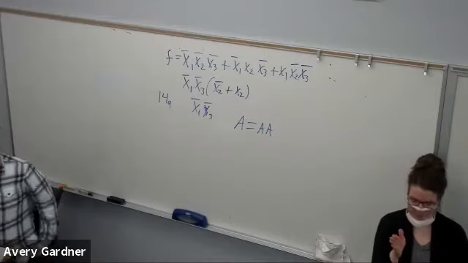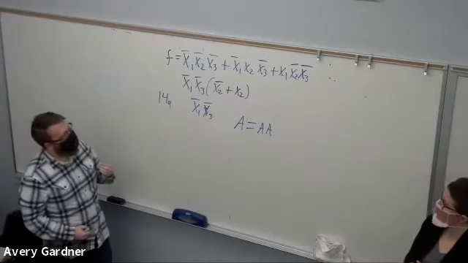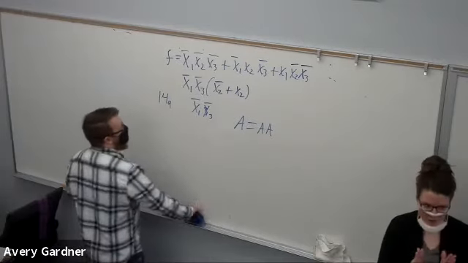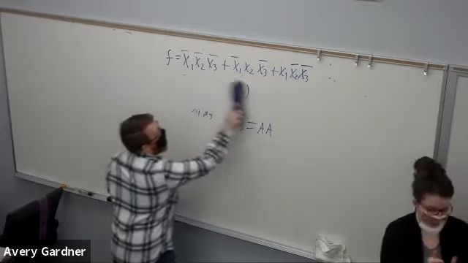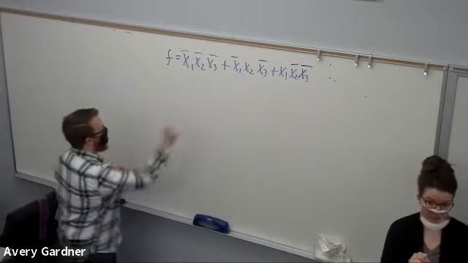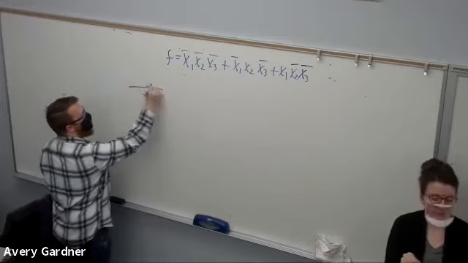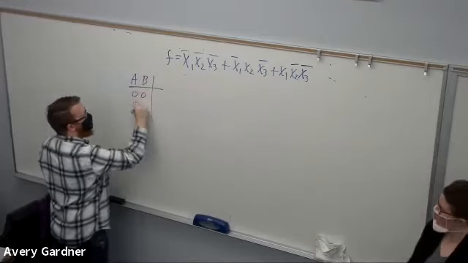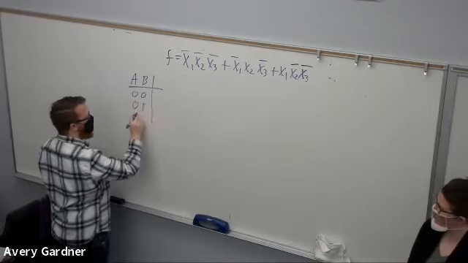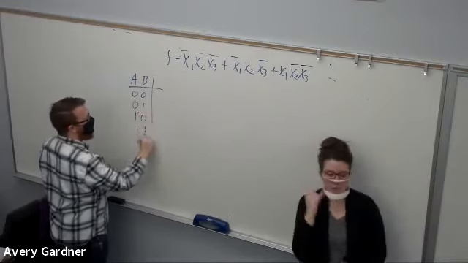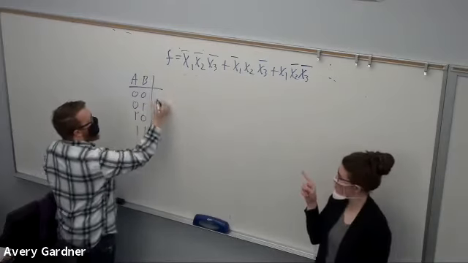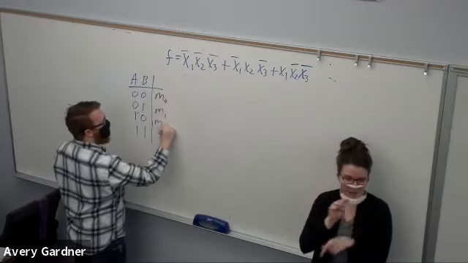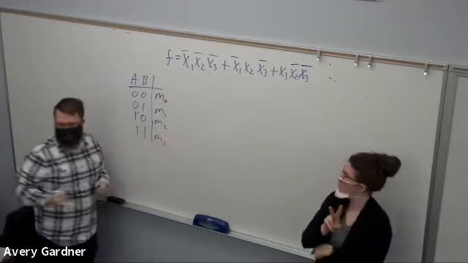All right. But what we want to do is find a quicker way to handle this. And that's K-maps. So what a K-map is, and I'll start with the simplest version of it essentially, is if I have a truth table like so, then this minterm, right, is min 0, min 1, min 2, min 3.